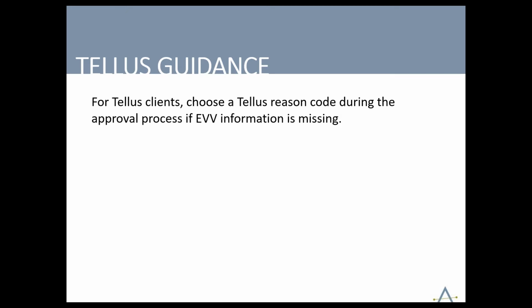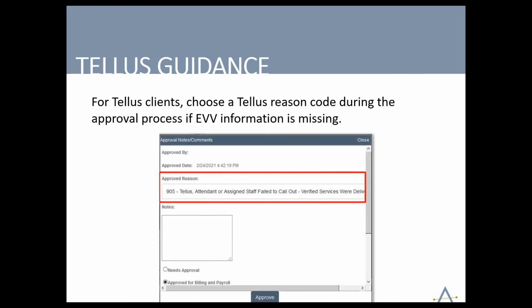We do get some confusion where people will put on a reason code on every single visit that needs action, but TELUS doesn't really care if a visit went 8 minutes long, even if that's one of your rules, because you want to review it for billing reasons. They're concerned about missing GPS information, missing clock ins and clock outs. So yes, when you're doing that approval, you would pick that reason.